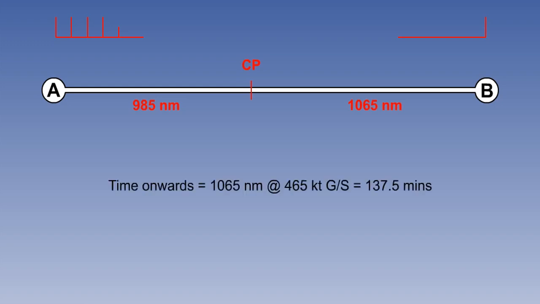If you get your calculator or nav computer out, you find that the time onwards, that is 1065 nautical miles at 465 knots, comes to 137.5 minutes. And the time home is 985 nautical miles at a ground speed of 430 knots, which also comes out to 137.5 minutes.